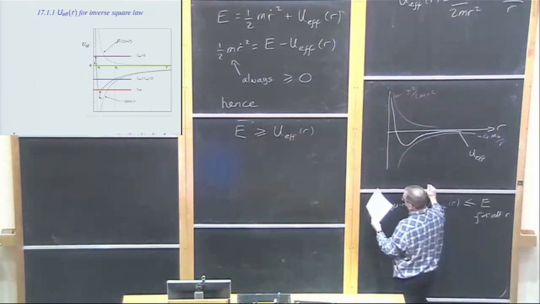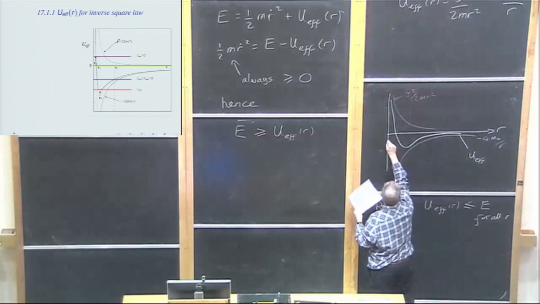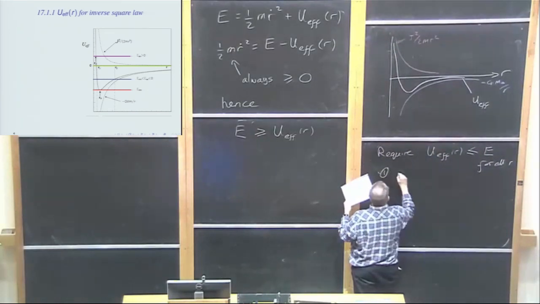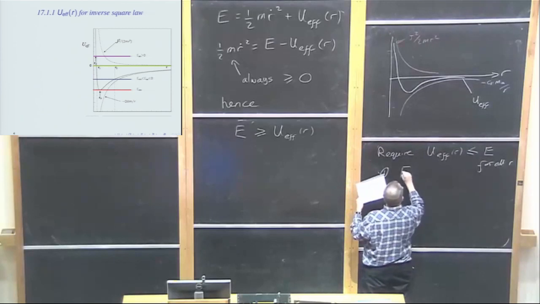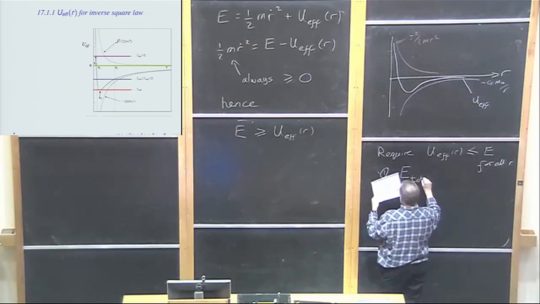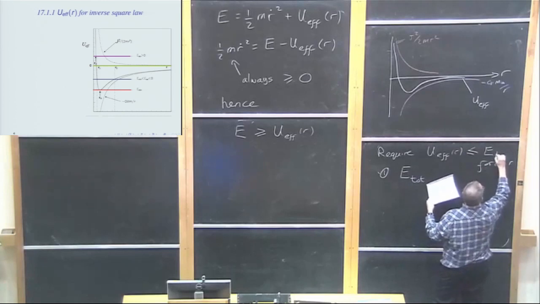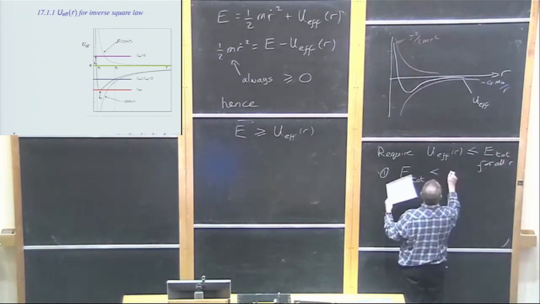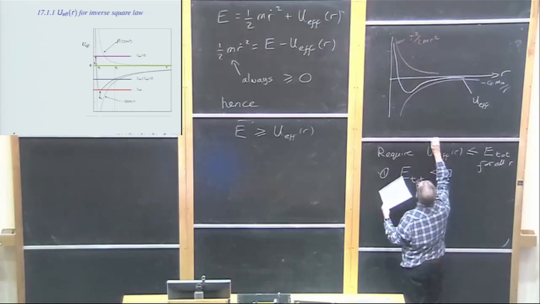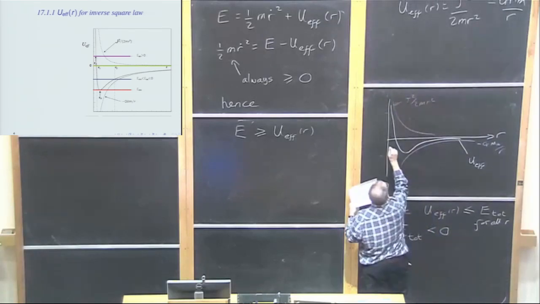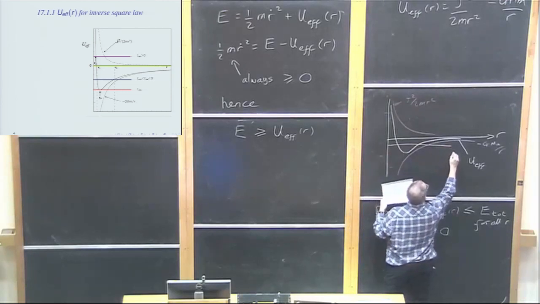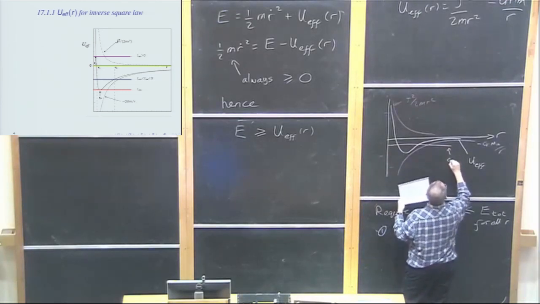So the first solution is the sort of generic case where the total energy, let me give this a subscript total so it's clear what we're talking about, is less than 0, and I draw this case here, right? So this is case 1.